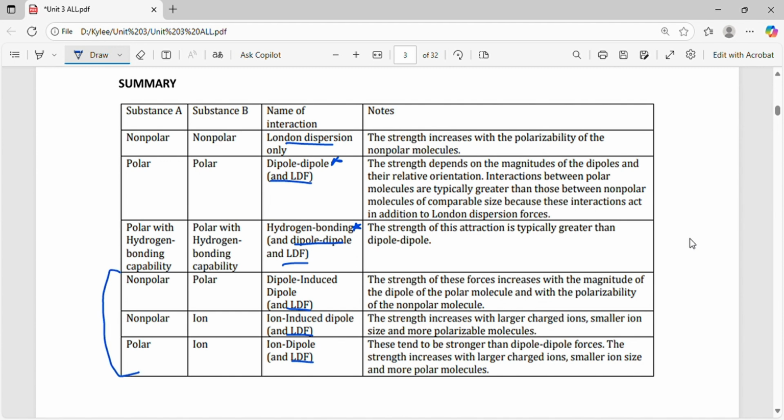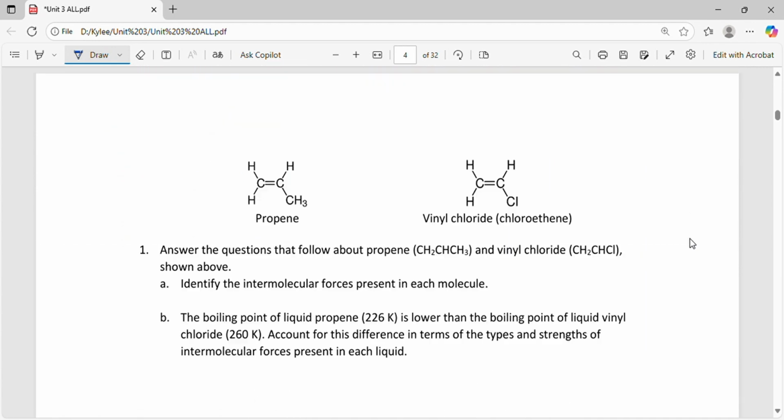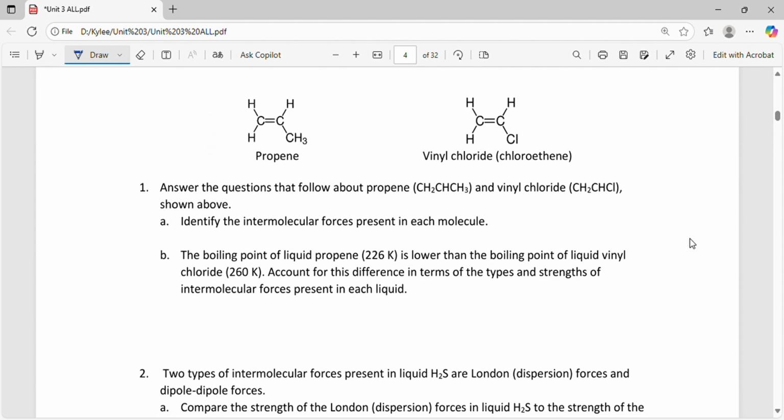However, last year's AP Chemistry test did ask about an ion-dipole interaction. An ion would be a charged particle interacting with, say, a water molecule, where I would have the negative end of my water attracted to the positive ion. And that would be an example of an ion-dipole interaction. All right, let's look at some practice problems, and then we will wrap up.